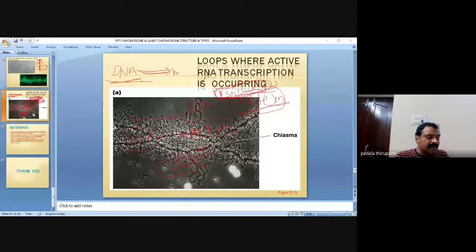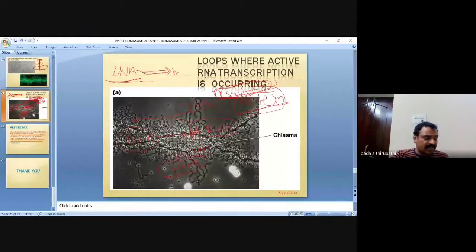This Acetabularia plant possesses the longest chromosome. Am I clear? This Acetabularia chromosome is also a lamp brush chromosome. Very, very important, my dear friends.